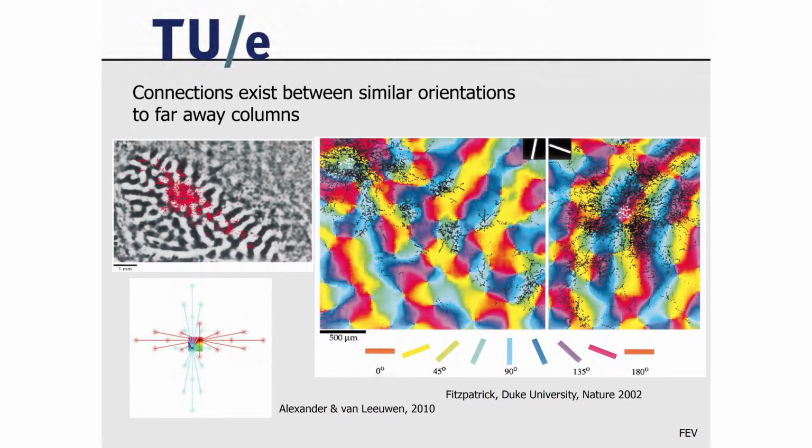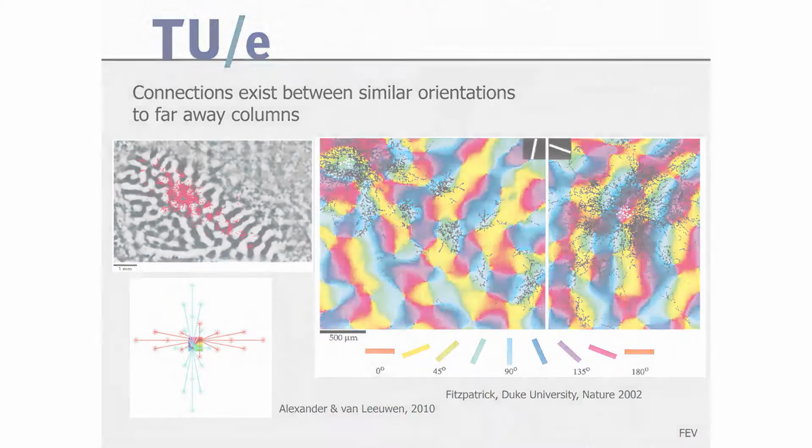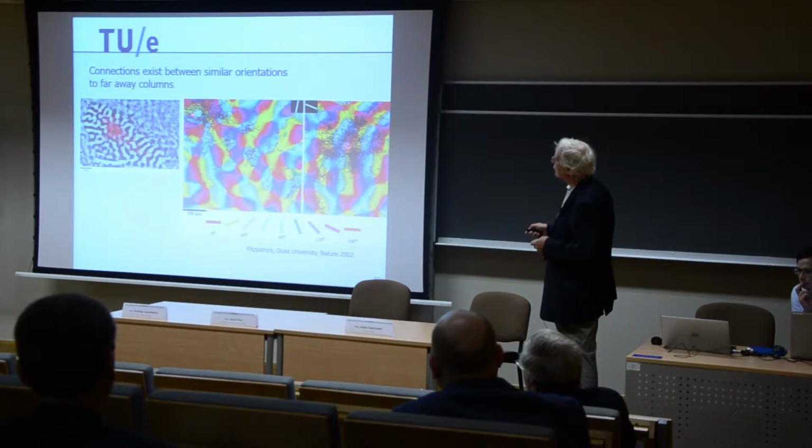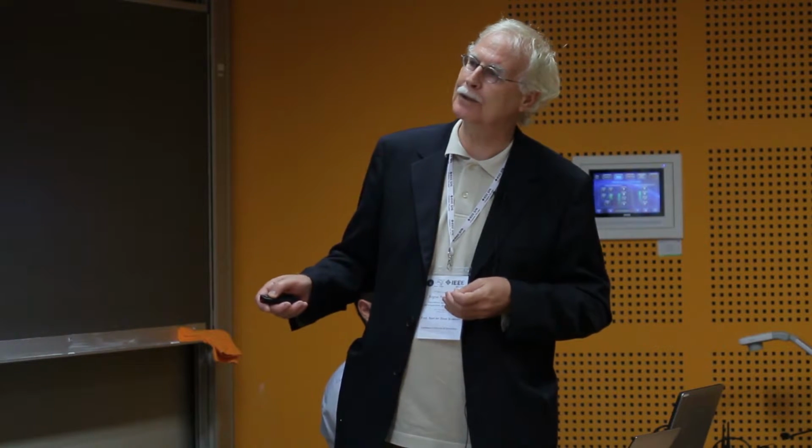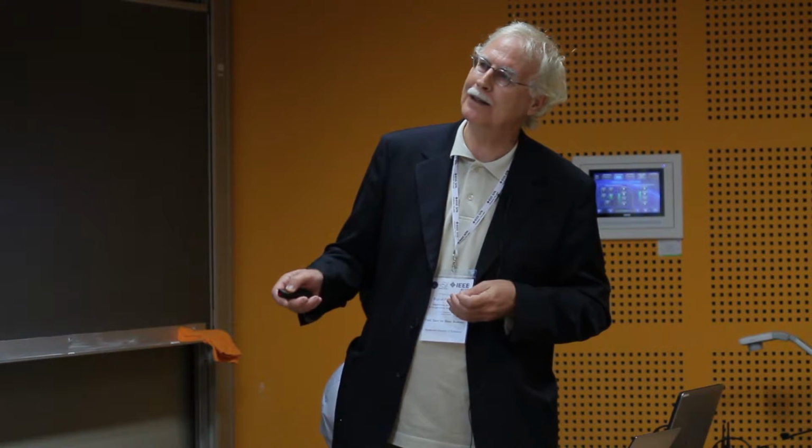People also started to study all these different pinwheels, each with a singularity. They injected some ink here in a blue area, and this blue area was a vertical detector. They waited several days, and they saw that there was a diffusion of this biocytin to other areas. All these areas turned out to be blue areas. So this guy is talking to all the blue areas in his neighborhood, and it turns out to be an elliptical area.